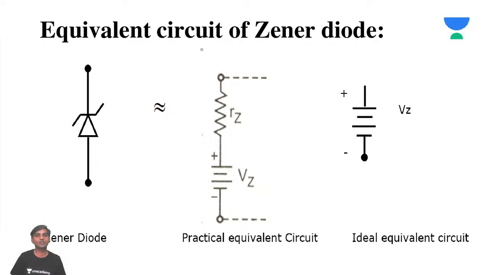Now, the equivalent circuit diagram of a Zener diode. This is the Zener diode. The practical equivalent circuit has a resistor RZ in series with VZ. Remember, the Zener diode must always be used in reverse bias, and that too in the breakdown region only.